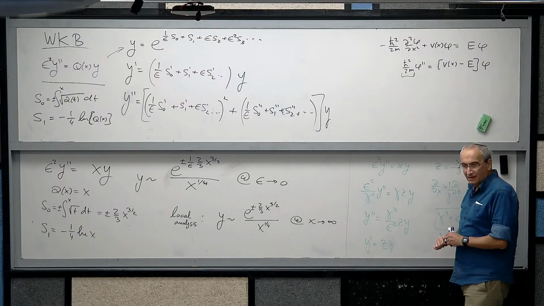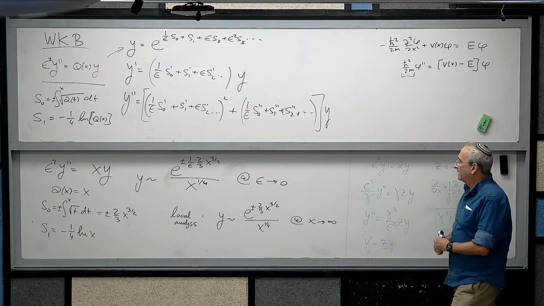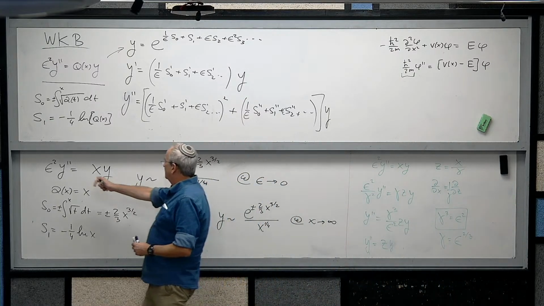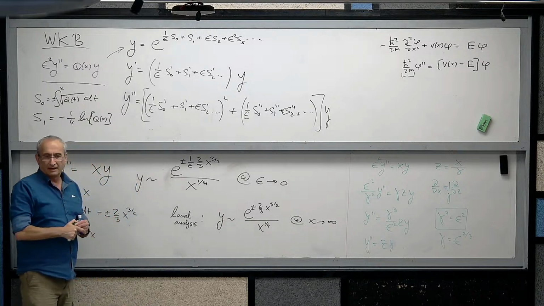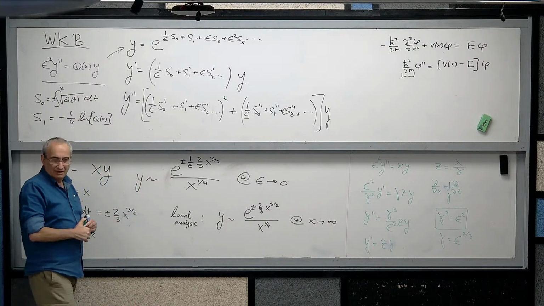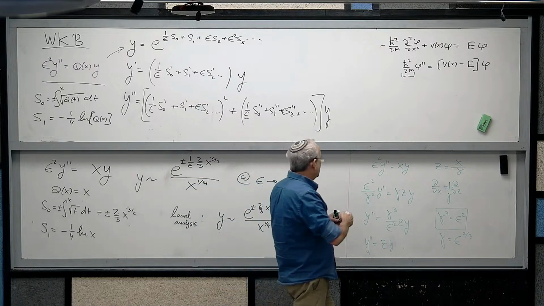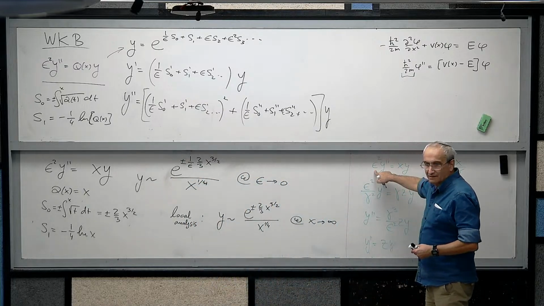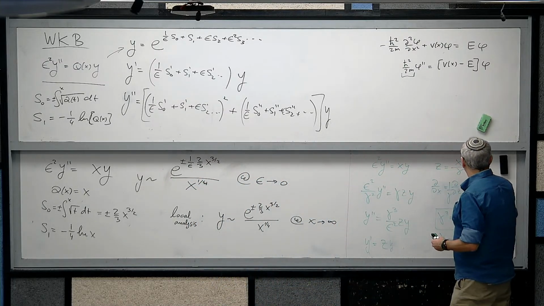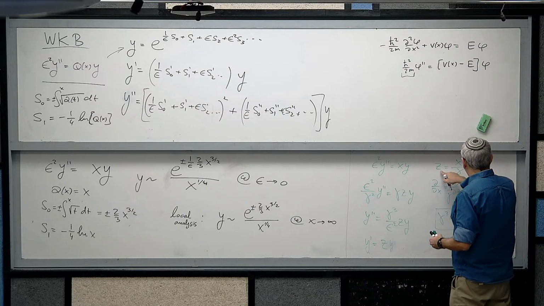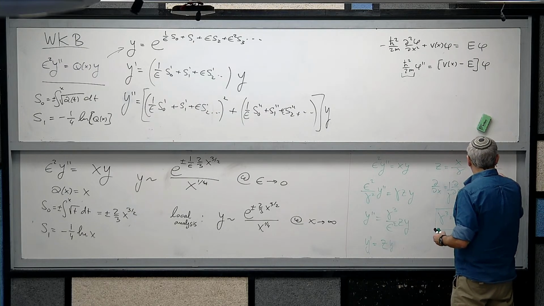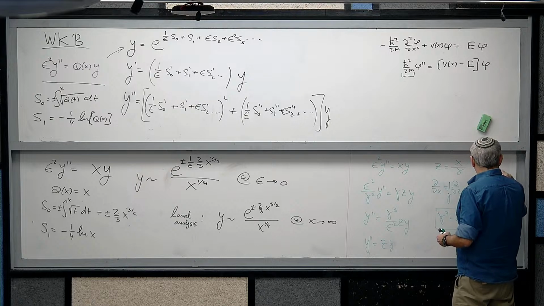Exactly. So this equation is actually equivalent to the Airy equation without an epsilon, for the variable x divided by epsilon to the 2/3.